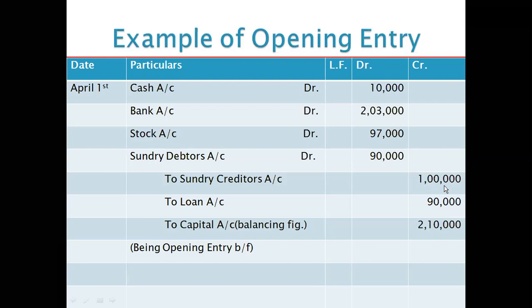So the amount in the credit side is less. So therefore, when the liabilities are deducted from assets, the resulting amount is 2,001 lakh, which is capital. So that is the balancing figure. So the narration would be being opening entry brought forward.